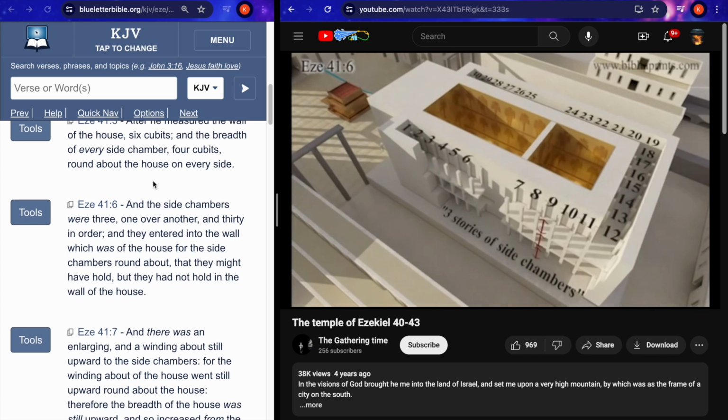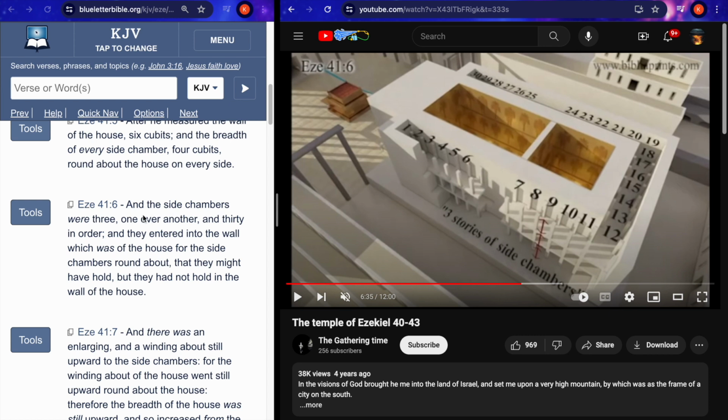Okay, verse 6. And the side chambers were 3, one over another, and 30 in order. And they entered into the wall, which was of the house, for the side chambers round about, that they might have hold. But they had not hold in the wall of the house. Okay, so let's read that again.